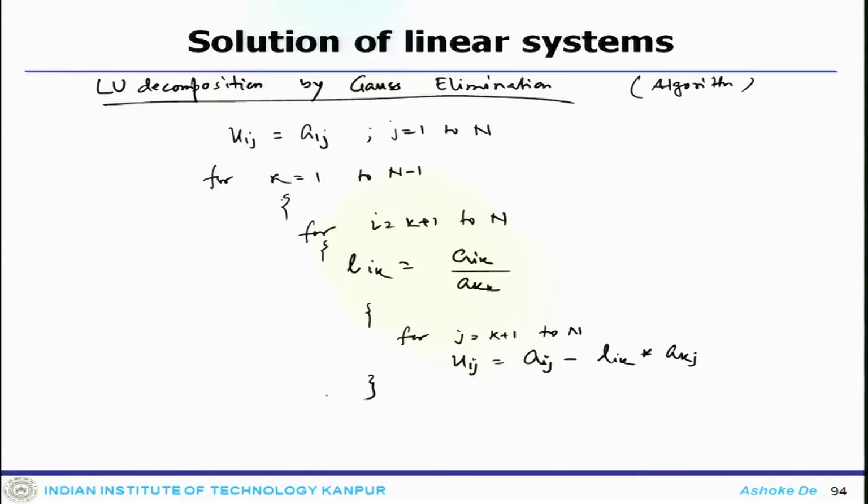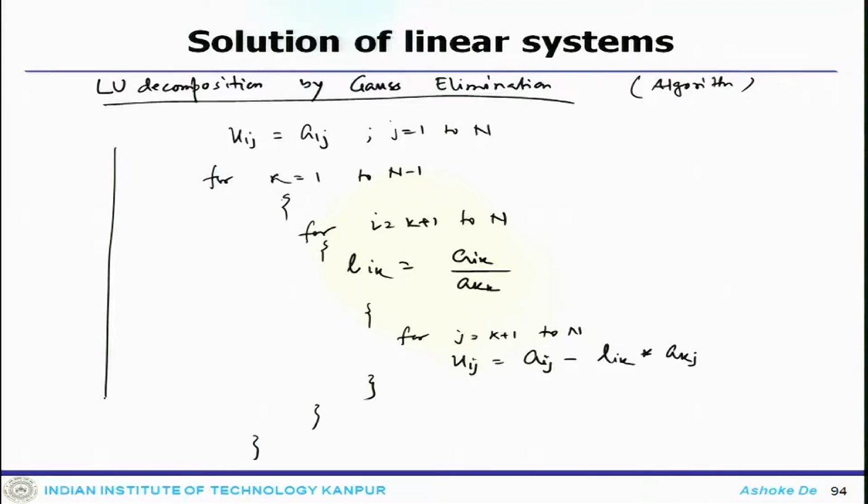Then you close that loop, which will get you this information, and then the upper one and the last one. So, that is where the Gauss elimination process can also be used.